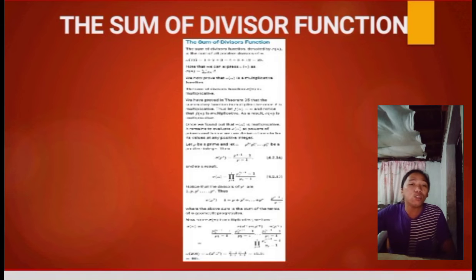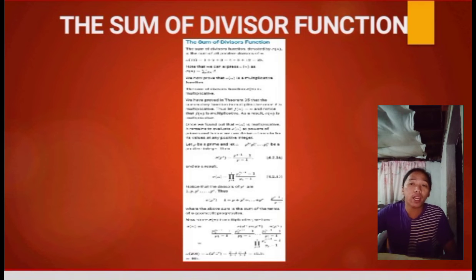Notice that the divisors of p^a are 1, p, p^2, all the way to p^a. Thus σ(p^a) = 1 + p + p^2 + ... + p^a = (p^(a+1) - 1)/(p - 1), where the above sum is the sum of the terms of a geometric progression.